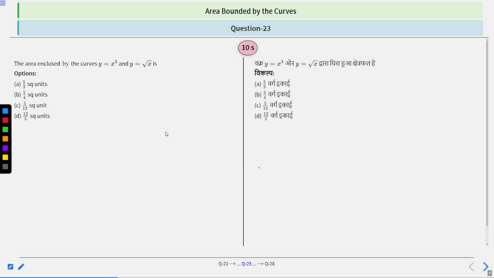And try to find the area enclosed between the curves. We'll integrate the function from the starting point of the intersection to the ending point of the intersection, right? So you have 10 seconds to solve this question. After 10 seconds, we will discuss the solution.